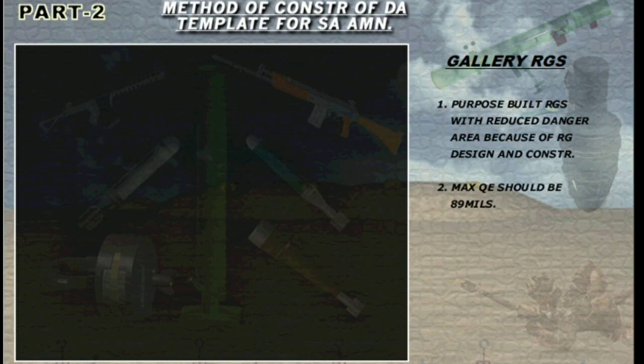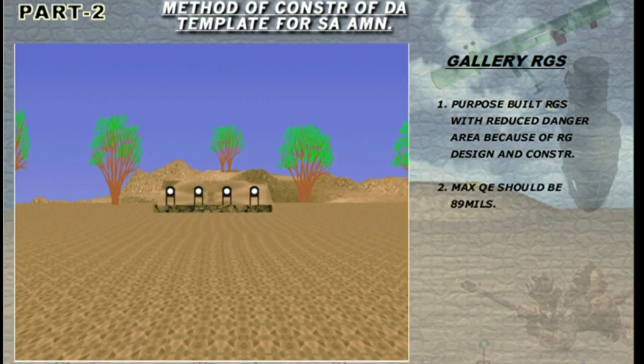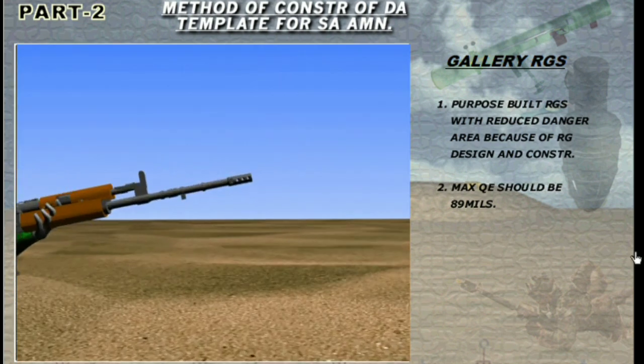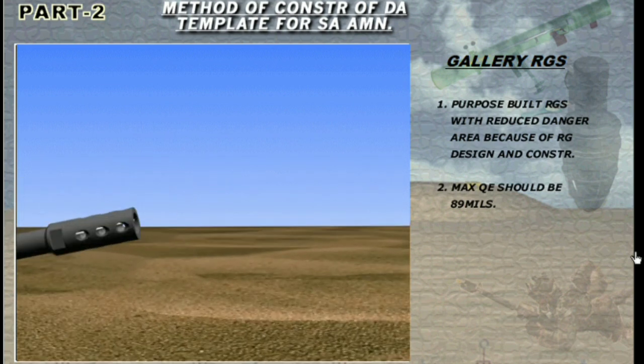Gallery ranges. Purpose-built ranges with reduced danger area because of range design and construction. Maximum quadrant elevation should be 89 mils.